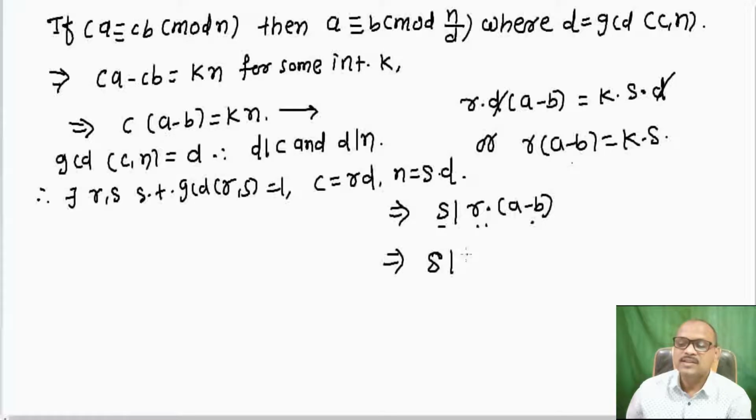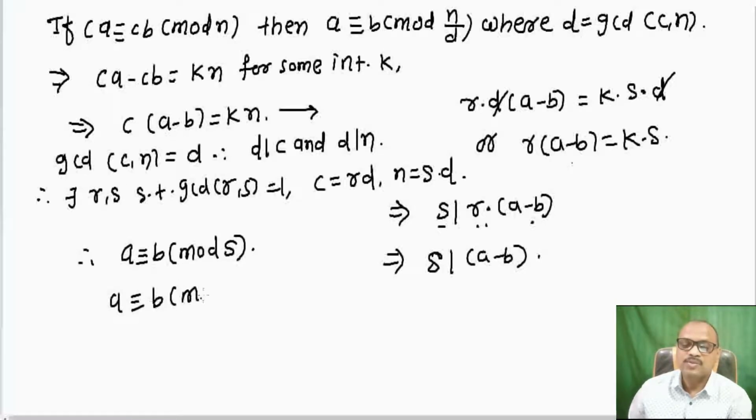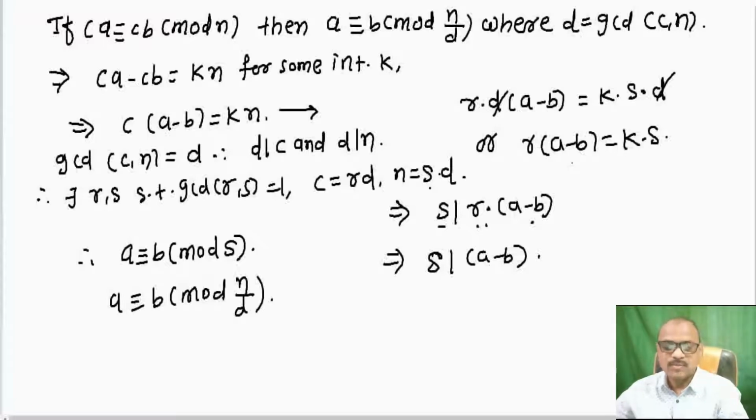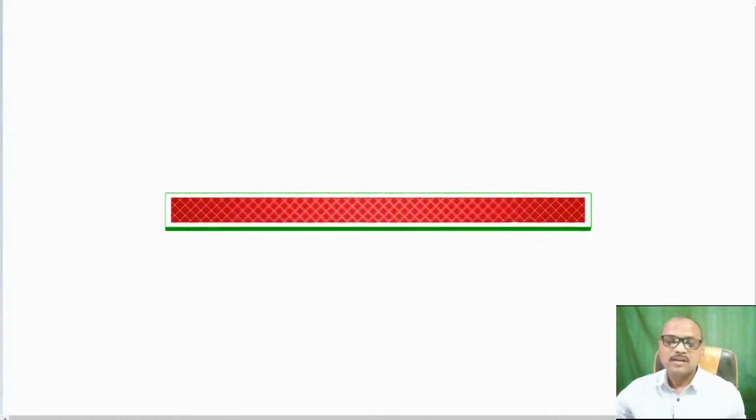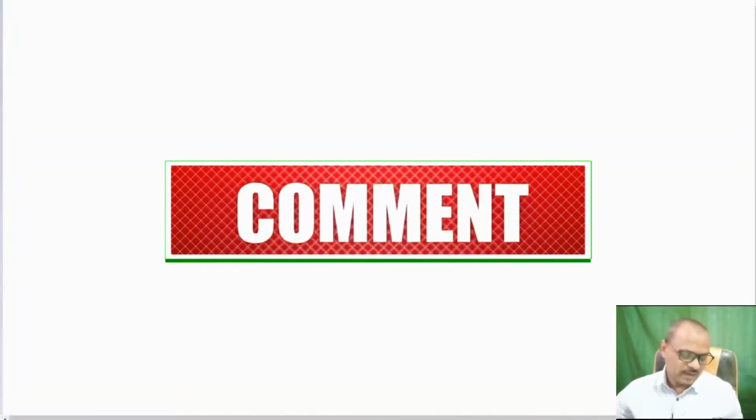This means that s is a divisor of a minus b, and therefore a is congruent to b modulo s, or a is congruent to b modulo n divided by d, since s is n divided by d. This proves the theorem.